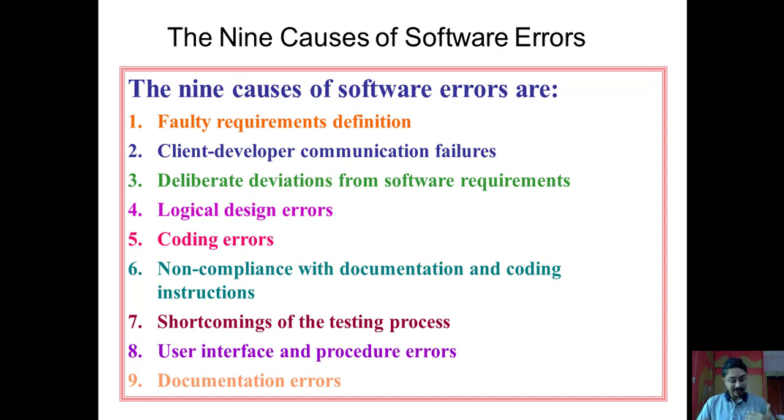Suppose in the communication, the college, which is the customer of that software, has specified that we wanted to divide 900 students into 3 years, and every year will be divided further into 4 streams: computer, civil, electrical and mechanical.